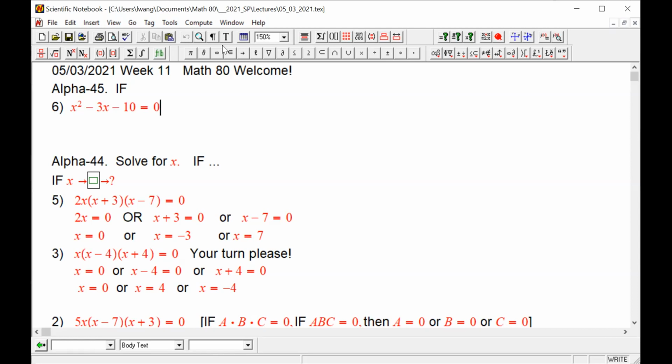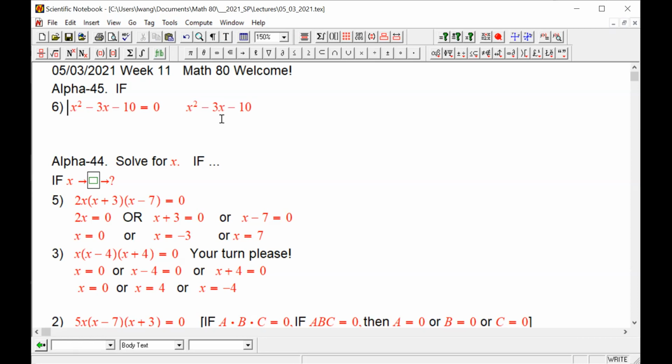On the same row, we have x squared. Okay, so these two are different. This is an if statement. This is just a statement.